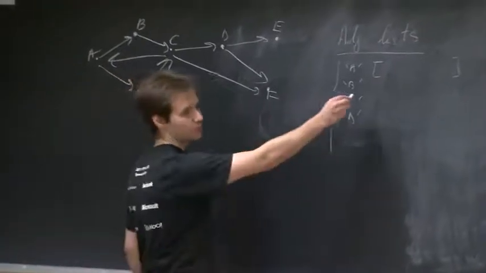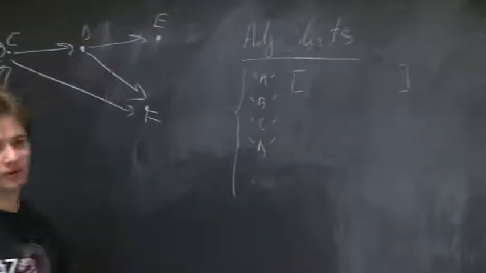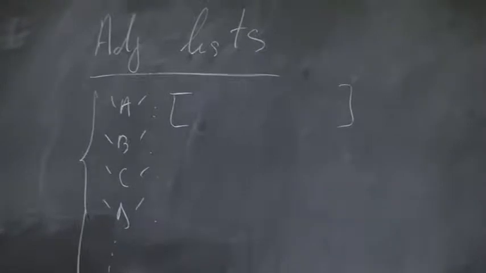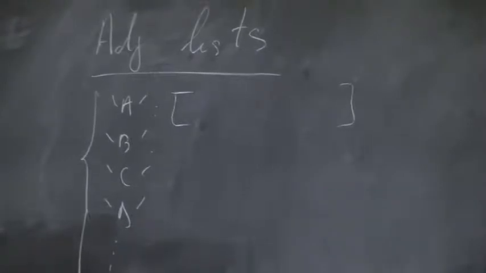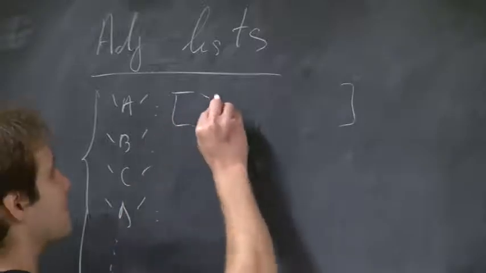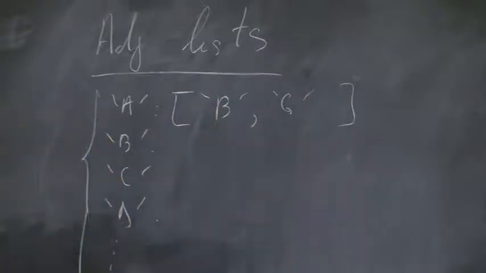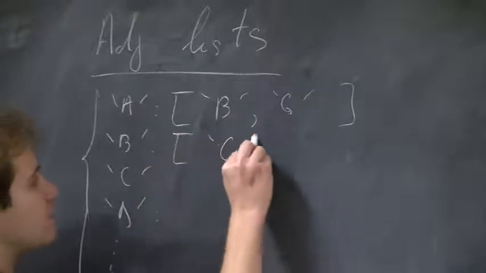So suppose I want to go for the simple one. What vertices do I have in A's list? B and G. Okay. B and G, right? Sounds good. Yep. What vertices do I have in B's list? Why do I not have A?